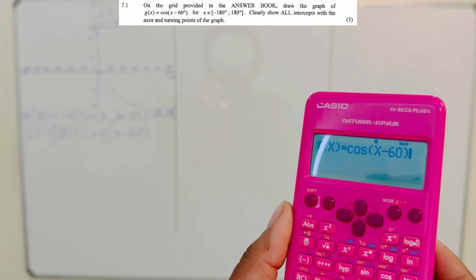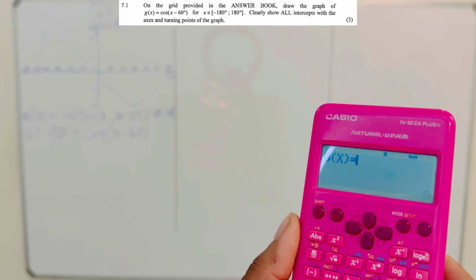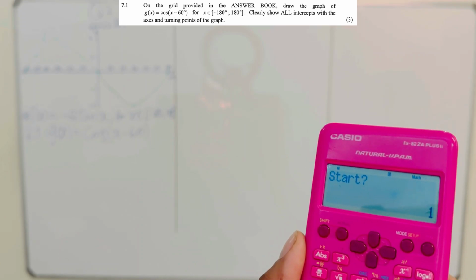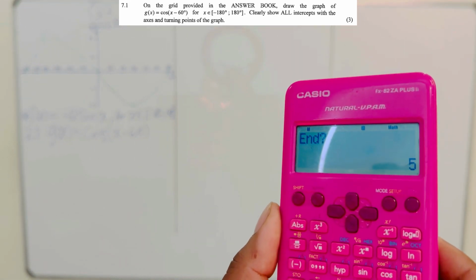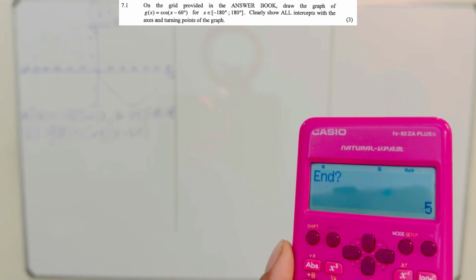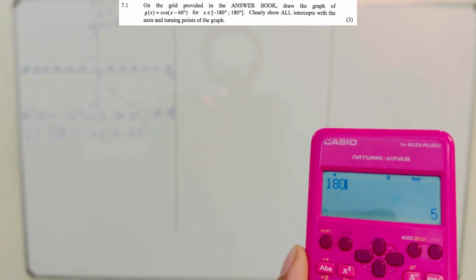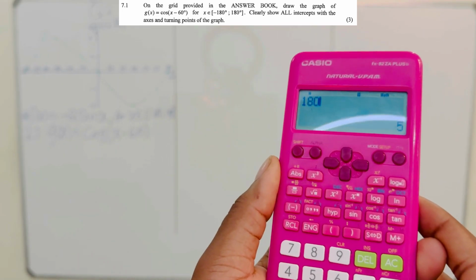So this is what you do. After punching this, you say equal to again. Where do you want to start? You want to start at minus 180 degrees. Where do you want to end? You want to end at 180 degrees. Punch your 180, say equal to.